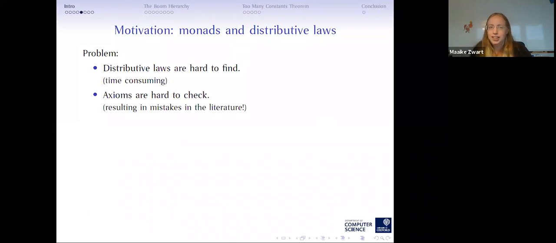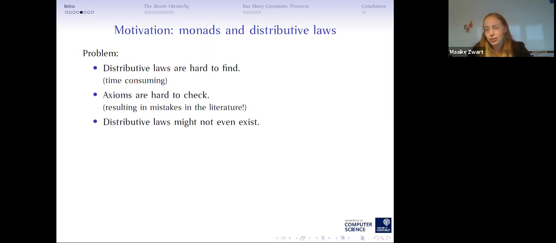The second problem is that the axioms of a distributive law are actually quite hard to check. They look simple enough, they're just some commuting diagrams, but when it comes down to actually checking them for specific monad compositions, you need to get into nitty-gritty details, and it's very easy to get lost, especially when you have several monads applied and then you're fiddling around, and it has gone wrong multiple times in the literature, which is quite painful.